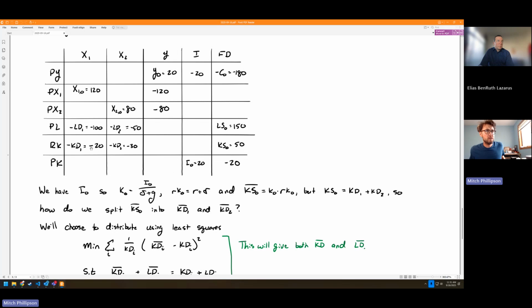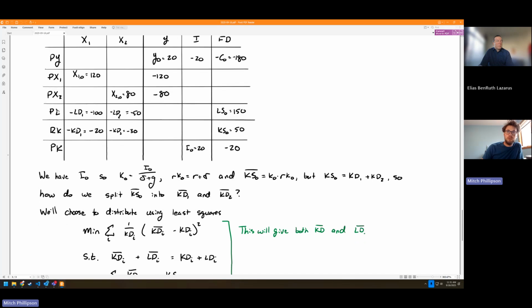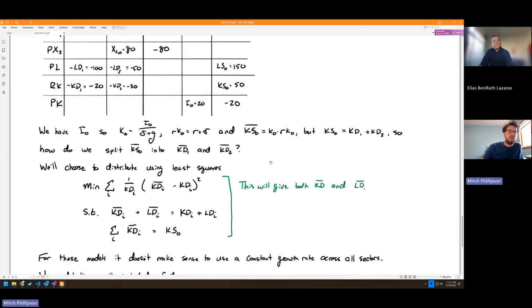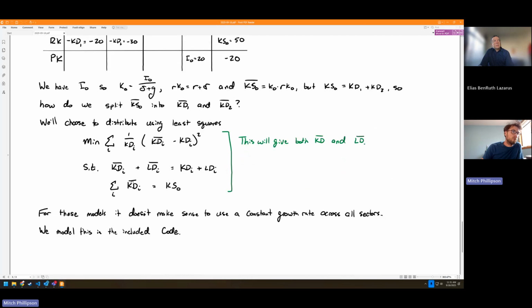One option is equal shares. You could do that, because you'll have the new KS0 right there. What Ed recommended was just a simple least squares. Nothing too horrible here. You just don't want it to vary too much.